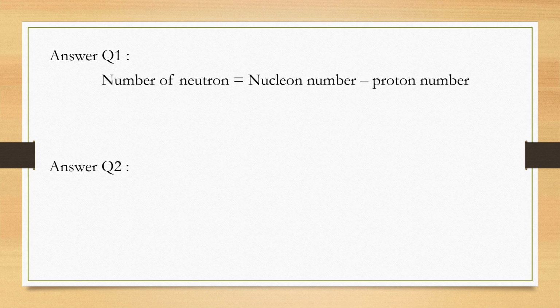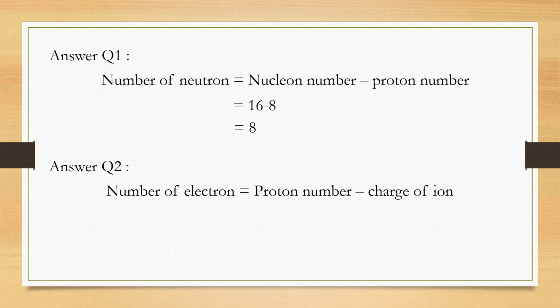Let us solve question 1. Question 1 asks us to find number of neutrons. From the formula, number of neutrons is equal to the nucleon number minus proton number, which equals 16 minus 8 equals 8 neutrons.